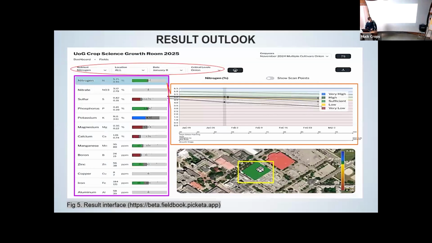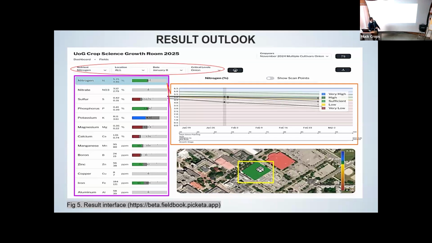So on this slide, this is how the result interface looks. It's very easy to navigate. On the top left corner, we have the navigation pane where, if you want to look at a particular nutrient, you can navigate to a particular nutrient, a particular location, or the date that you scanned.